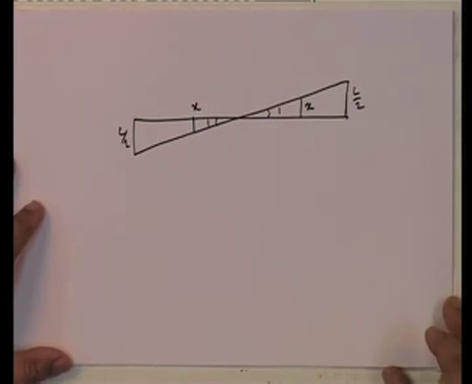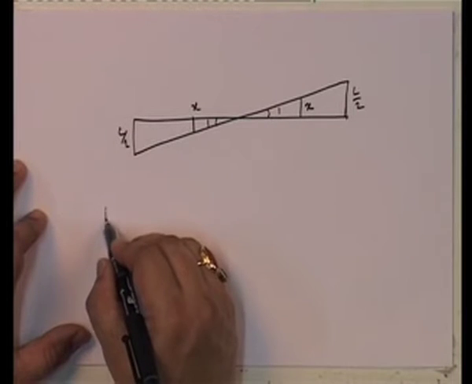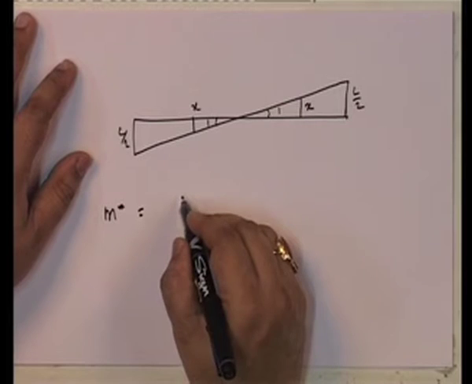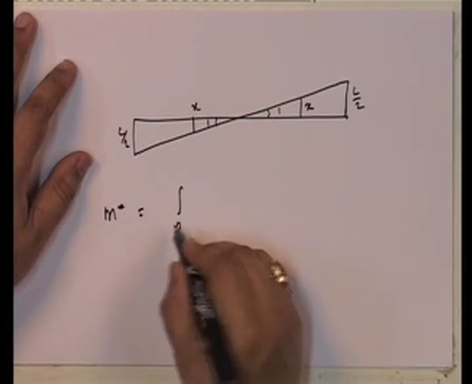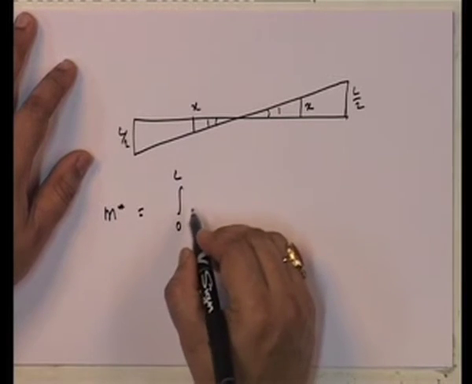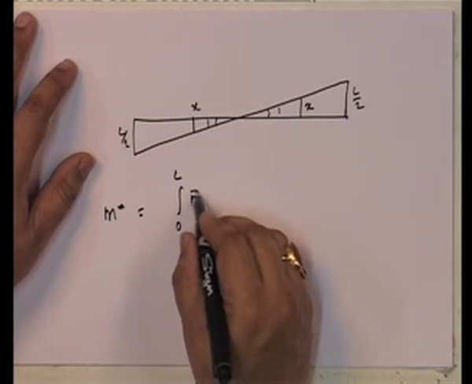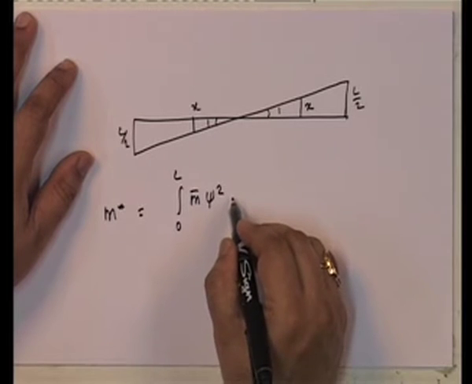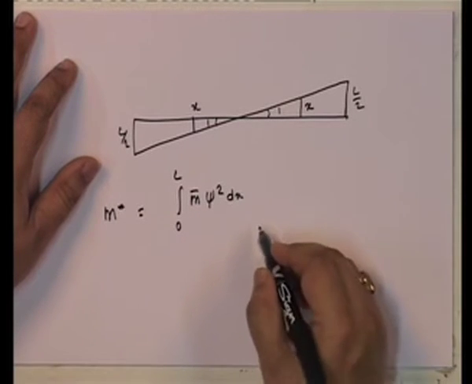Okay. So, if we look at this, m star says what? It says the integral from 0 to L of m bar xi squared dx.